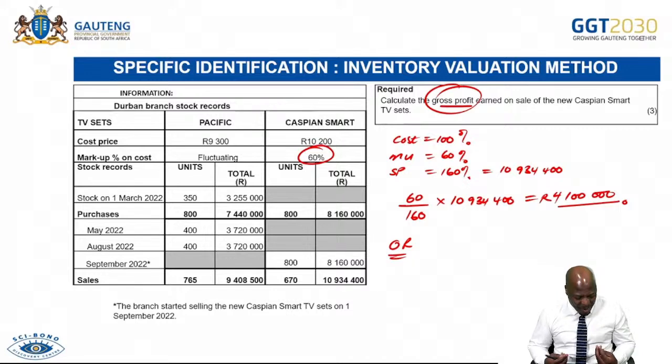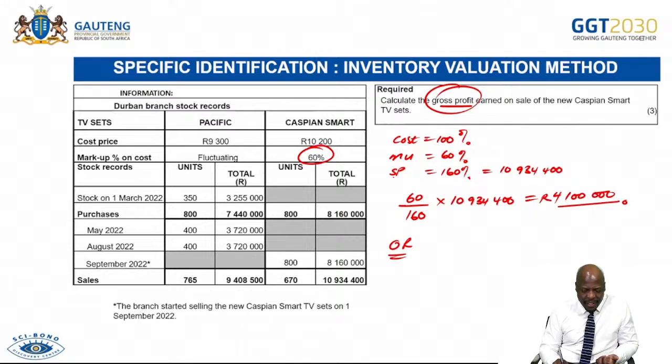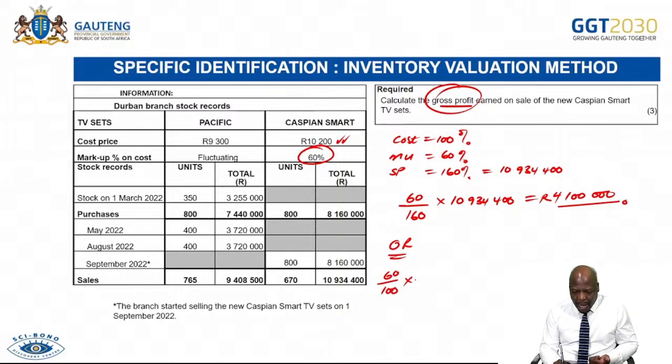Okay, let's see with the second one that I'm going to give you. We know that the cost price, we have the cost price per unit, which is 10,200. Are you still with me? Okay, so we know that that is 100%. So what we want is the profit, which is 60, over the cost, which is 100. Multiply that by the 10,200.